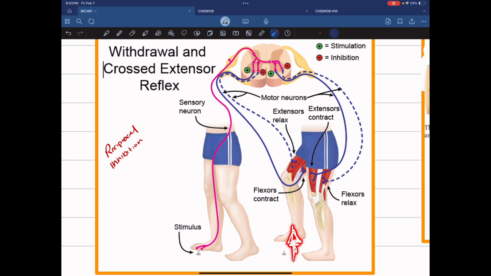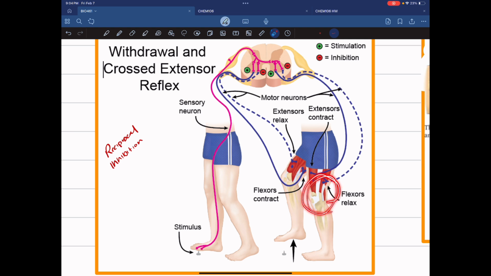And as that comes up, our left side of the body knows that it has to compensate for the shifted weight. So as these flexors on his right leg contract to move his foot up, our left side is going to relax those flexors. Whatever flexes on this side is going to relax on this side, and vice versa.